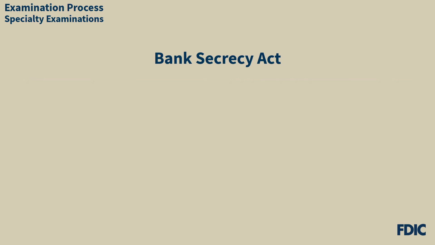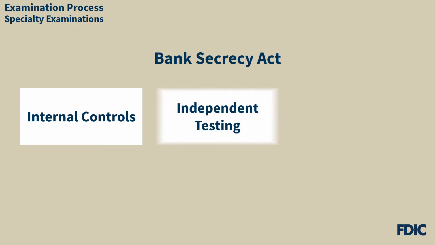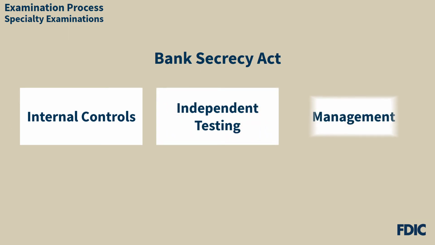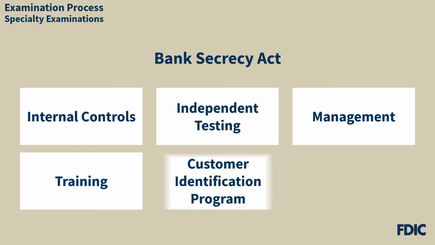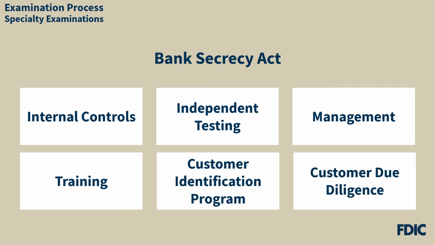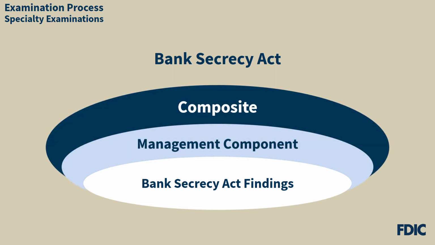During the BSA exam, we look at the system of internal controls to ensure ongoing compliance with the BSA program established by the bank, independent testing of the bank's BSA program, management of the program, including having a designated BSA officer, and training that is conducted for the bank's staff. Additionally, we evaluate whether an appropriate customer identification program and customer due diligence process is in place. These areas relate to knowing your customers. Ratings are not assigned to a BSA exam. Rather, the findings are considered when assigning the management component and the composite ratings for the risk management examination.